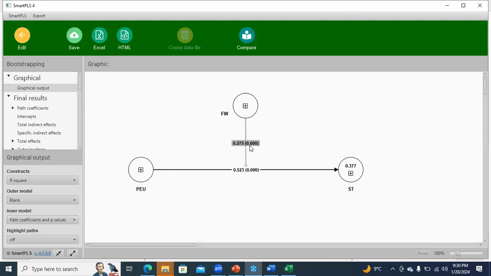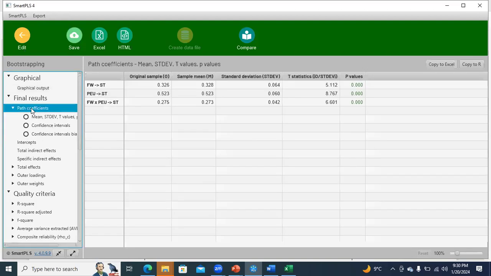So you can see there is a significant moderation between PEU and ST, and you can go to the path coefficient and you can find here that PEU is positively impacting the ST, and the moderator interaction term is also positively impacting.